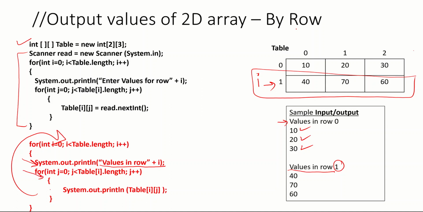For J equals 0, do the output of the element at I and J. Remember, I is almost like fixed, so I is having the value 1, but J will be moving, it will be 0, 1, and 2. So when this is the value 0, we'll have the output as 40. When it is 1, we'll have 70. When it is 2, we will have 60.